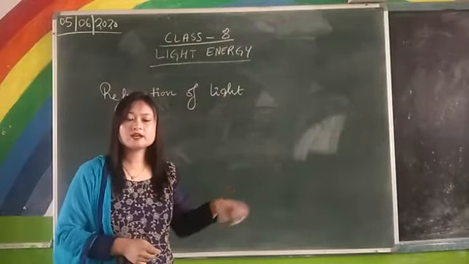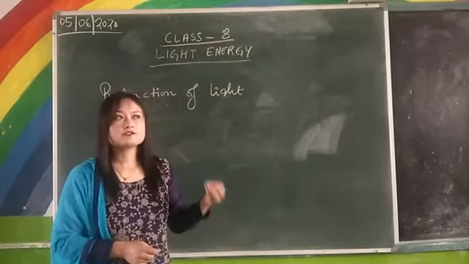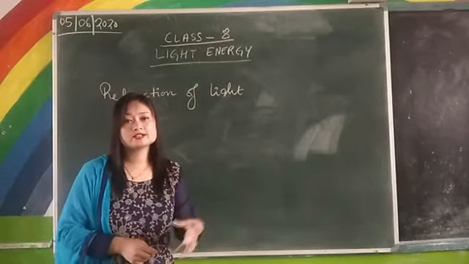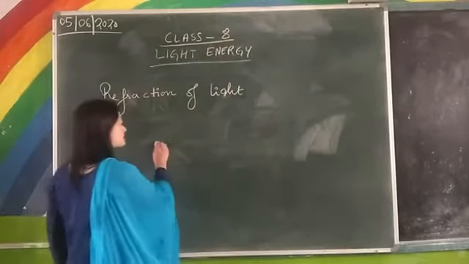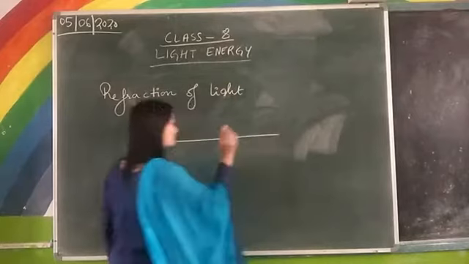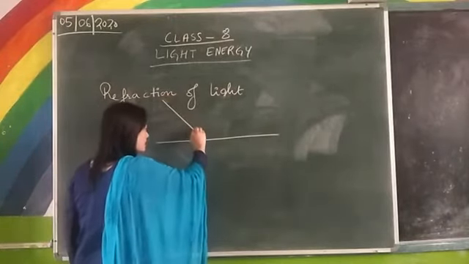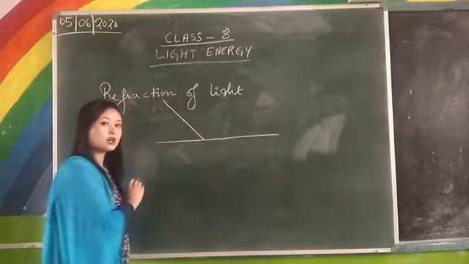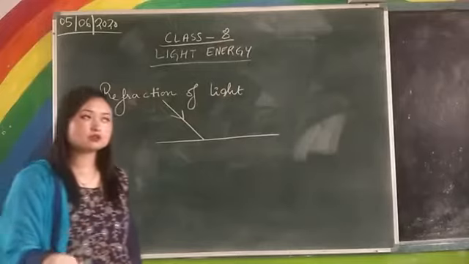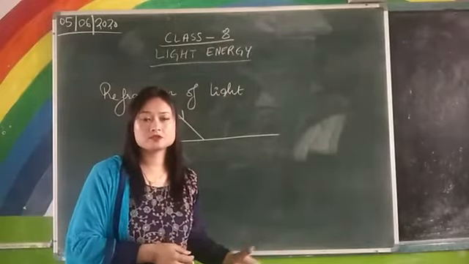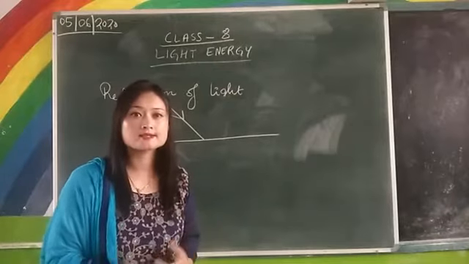If the medium is air, incident and reflected ray will be in the same medium. If the medium is water, incident and reflected ray will be the same. But in case of refraction of light, say a ray of light falls on a medium. Now you know that there are different types of medium: transparent, translucent, opaque, isn't it?